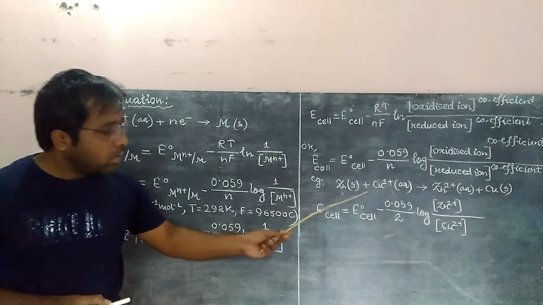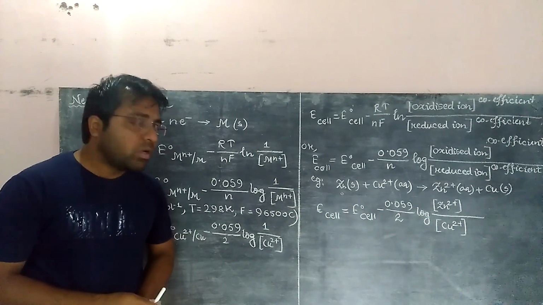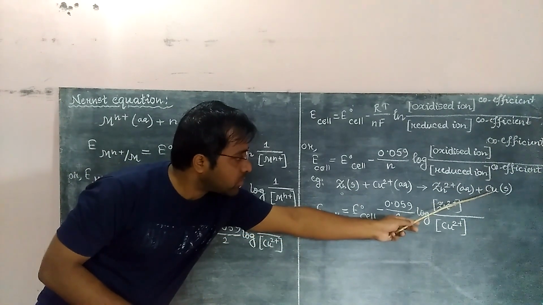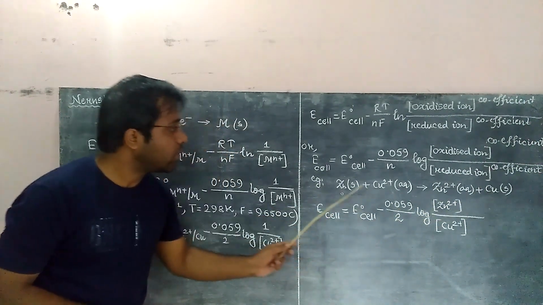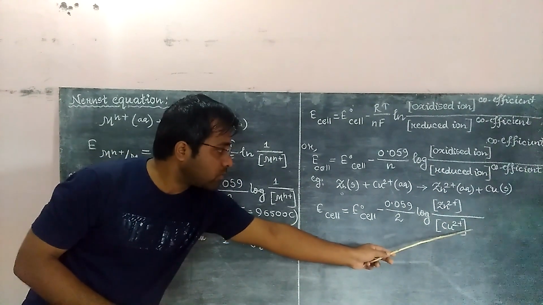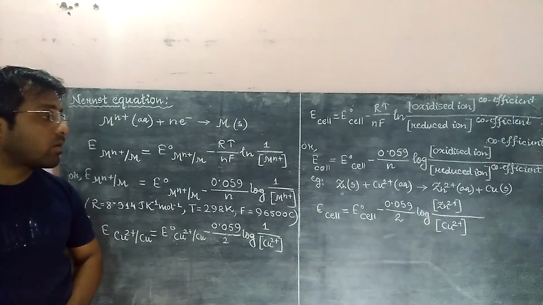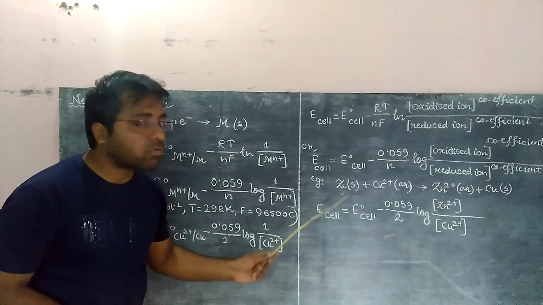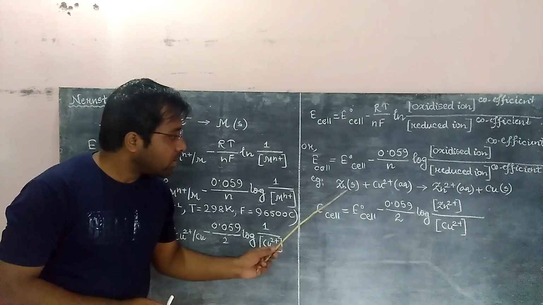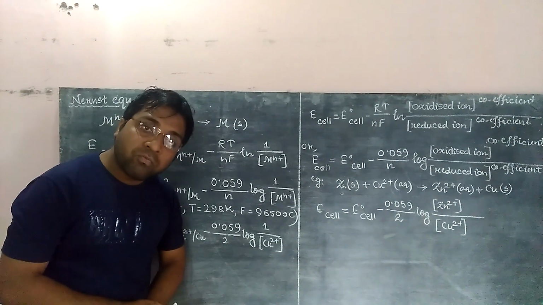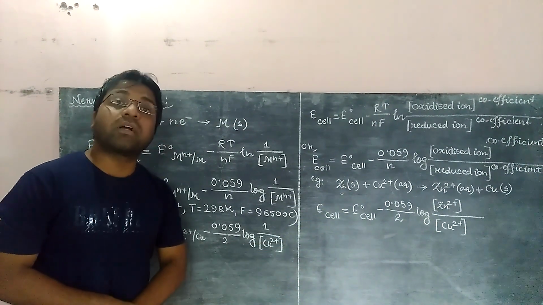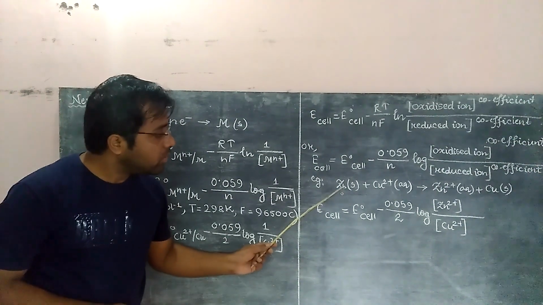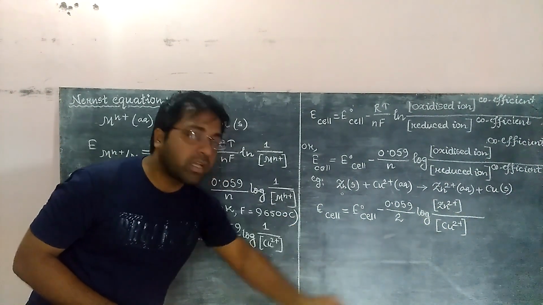Now here I would like to tell you one more thing, students. Here we might also write the copper electrode over here and the zinc electrode in this place, but we have not considered these electrodes, because they are in the pure form, that is in the solid state. So their concentration, as we already learned, is considered as unity. So these electrodes should not be written over here.